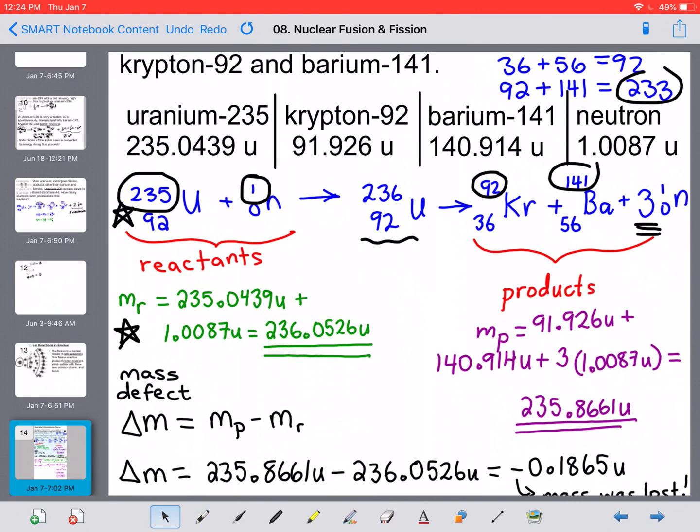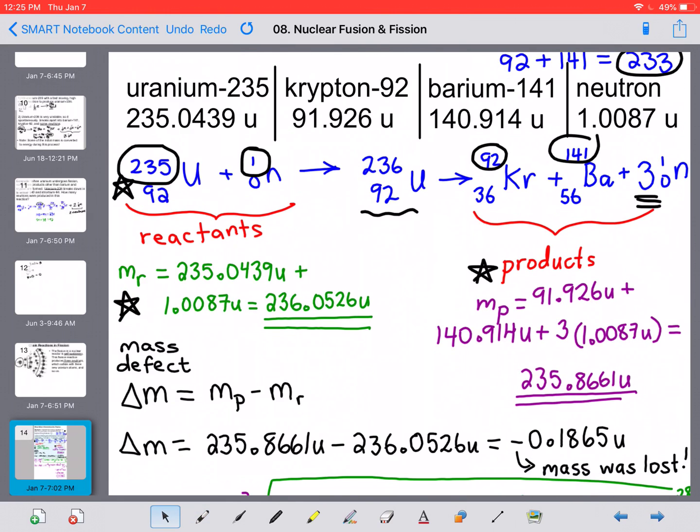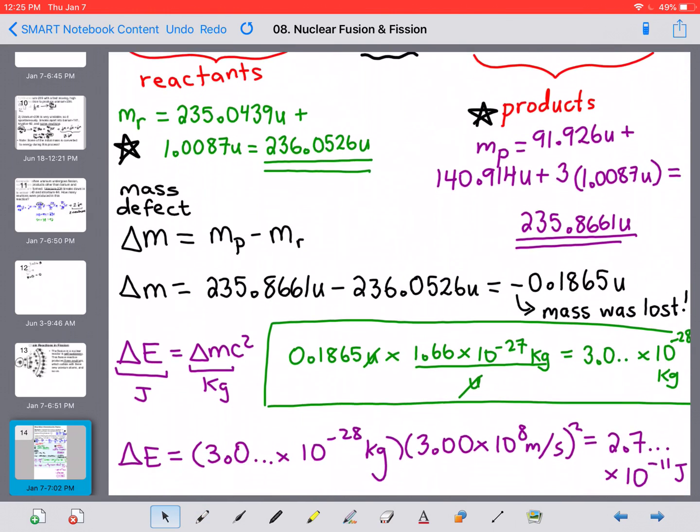When I calculated the mass of the products, I just added the mass of krypton to the mass of barium plus the mass of 3 neutrons. And that gave me 235.8661 U.